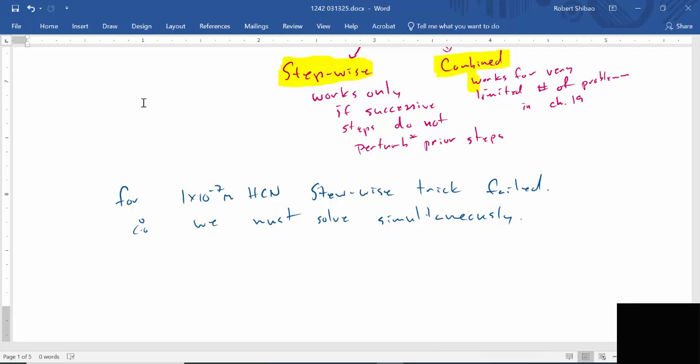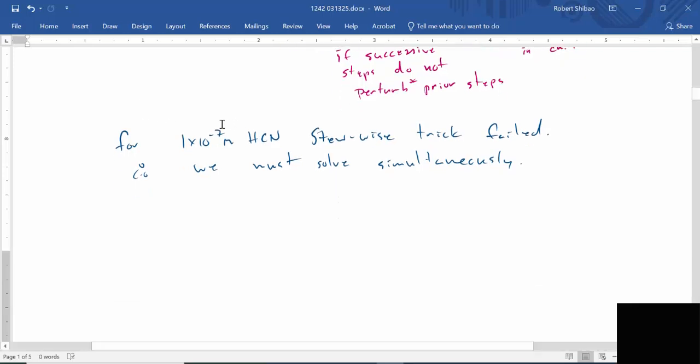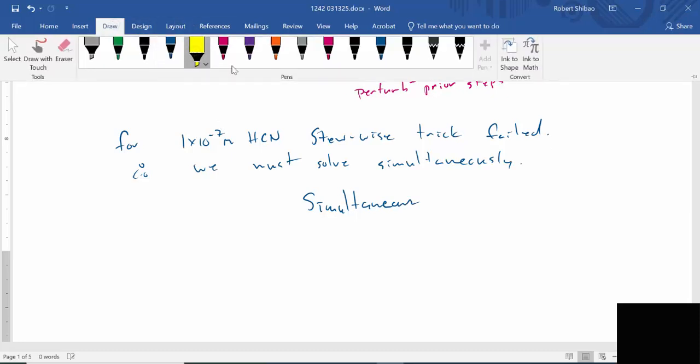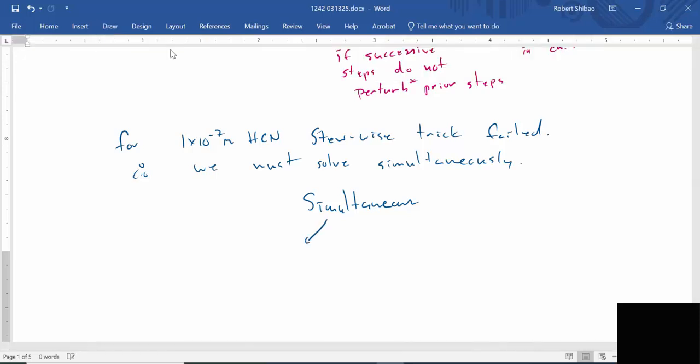There are 2 methods for simultaneous that we can try to use. The first one is just normal ICE and system of equations.